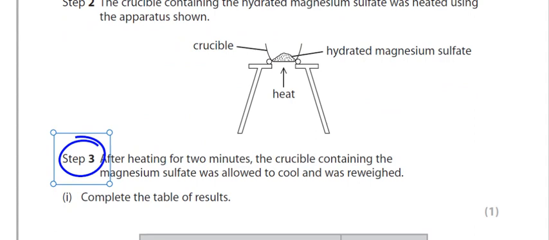So you heat, wait, heat, wait until you get a constant mass. When all the water of crystallization is lost, constant mass is obtained. And remember, you always take the weighing when the container is cooled, not when it's hot, because when it's hot, the heat waves will affect the reading.